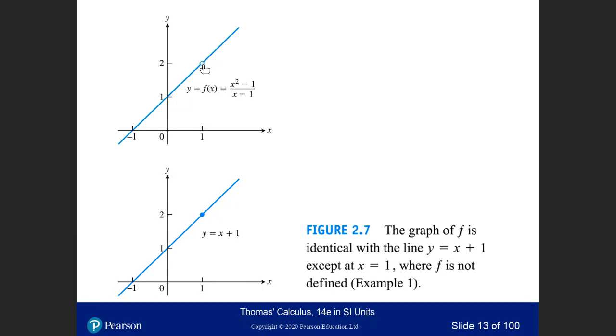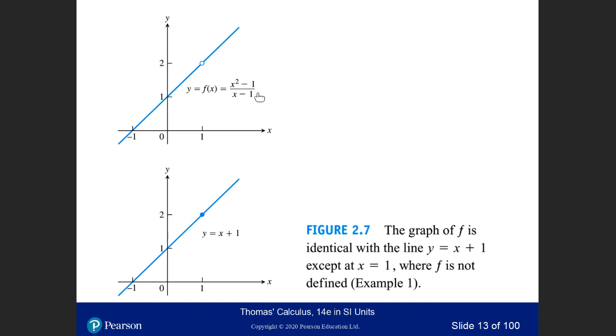The function is not defined at this point, because when x is equal to 1, the numerator is 0 and the denominator is 0. So 0 divided by 0 is not a real number, so we cannot put a value here. So in the domain of this function, x equal to 1 is not included.